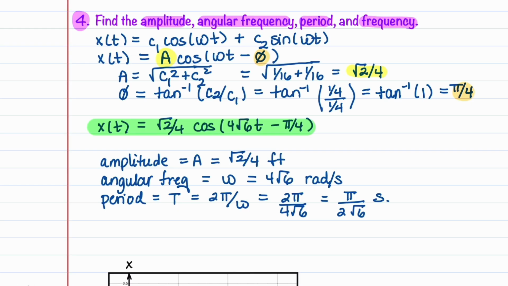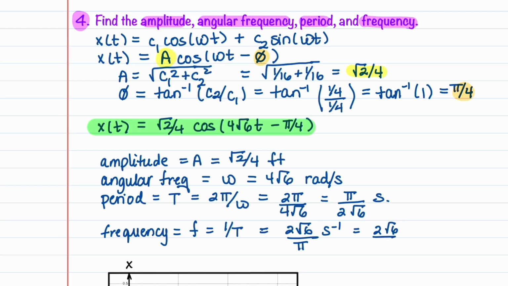Now we only have one more, and that is the frequency. That is little f, and it's just equal to 1 divided by the period. So this is 2 root 6 over pi inverse seconds, and this is often written as 2 root 6 over pi hertz.